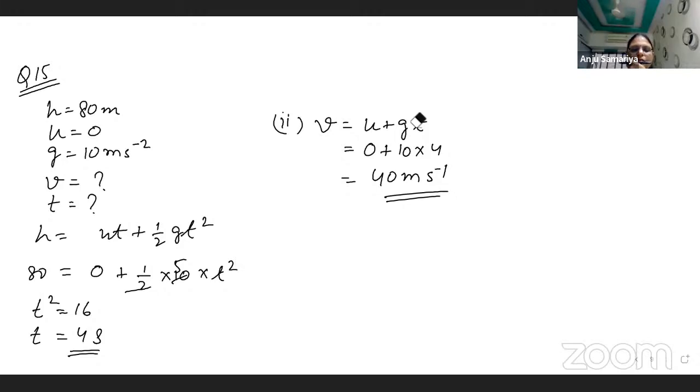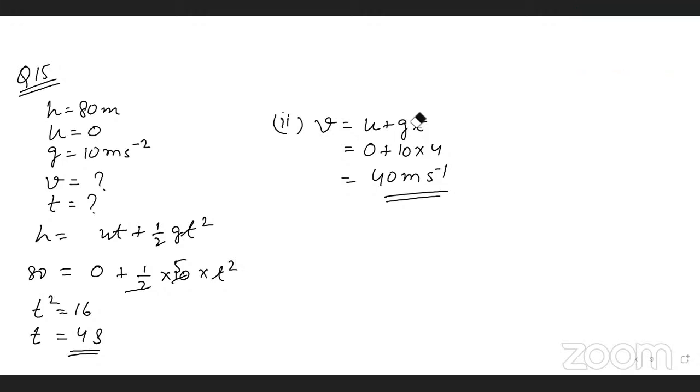Where is 2 gone? आपने 2 लिखा ही नहीं वहां पे. 2GH, 2 कहाँ गया? And H is not 4, H is 80. I think you used different formula and you have done by my formula. My formula I used V is equal to U plus GT. And you have used V square is equal to U square plus 2GH. Did you understand your mistake? Yes, ma'am. Change the formula.